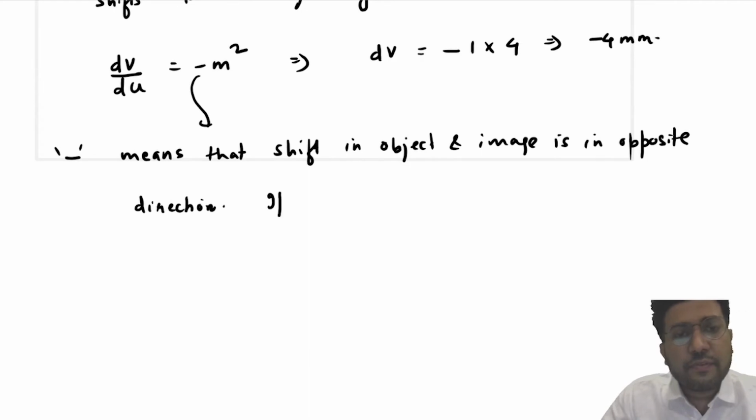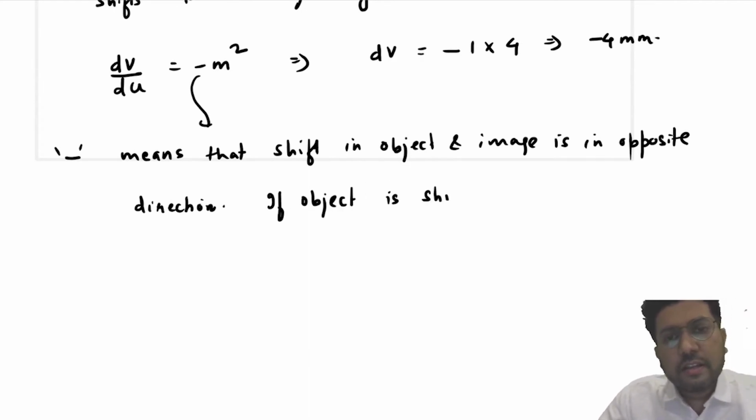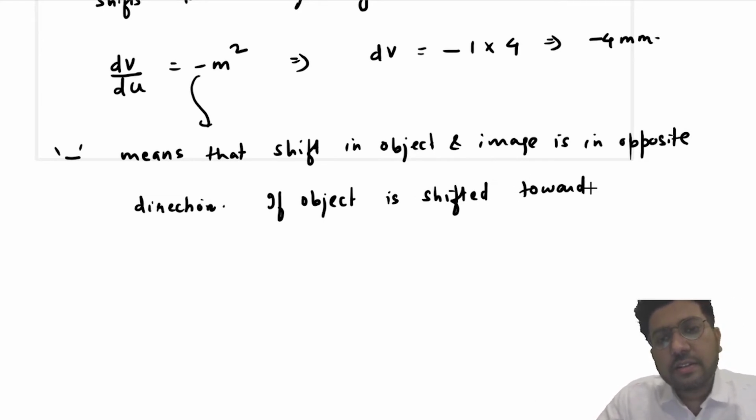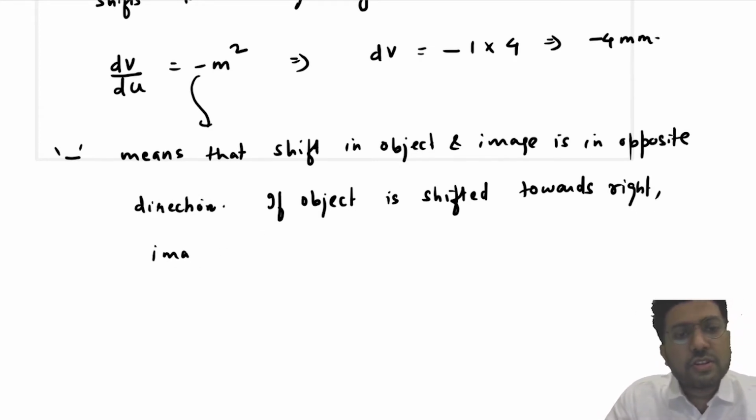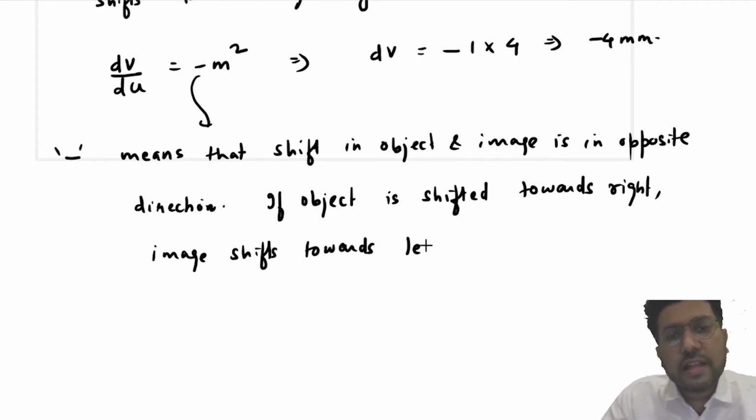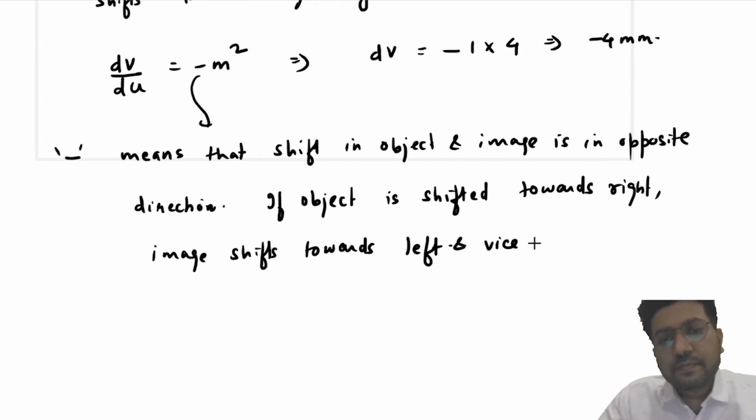That means if object is shifted towards right, image shifts towards left, and vice versa, okay.